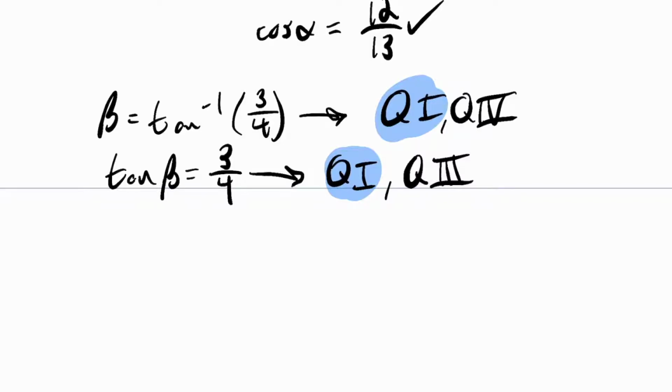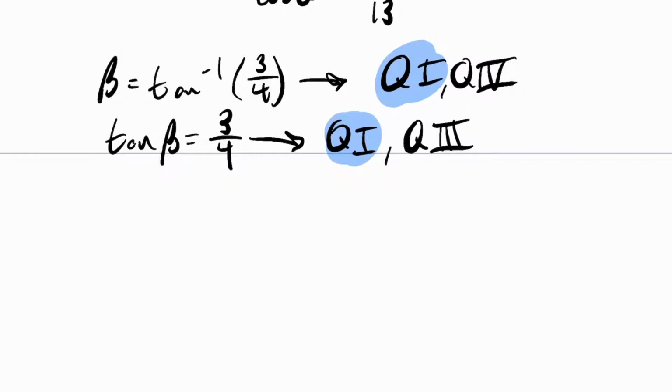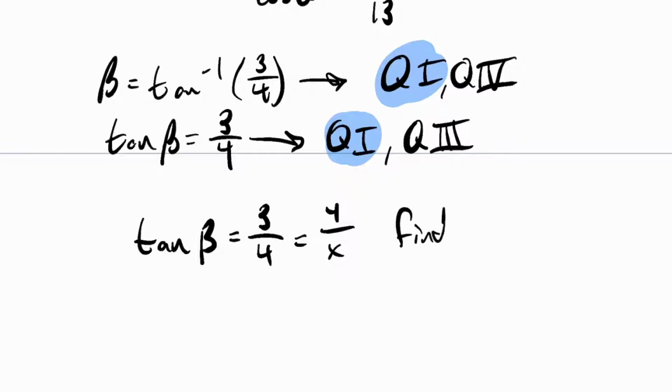There are at least 2 ways to deal with that. We'll do the one I think is going to be easier. Tangent beta being 3/4 means, since tangent is defined to be y over x, that y over x is 3/4. If we can find r, then we'll be able to find sine and cosine.